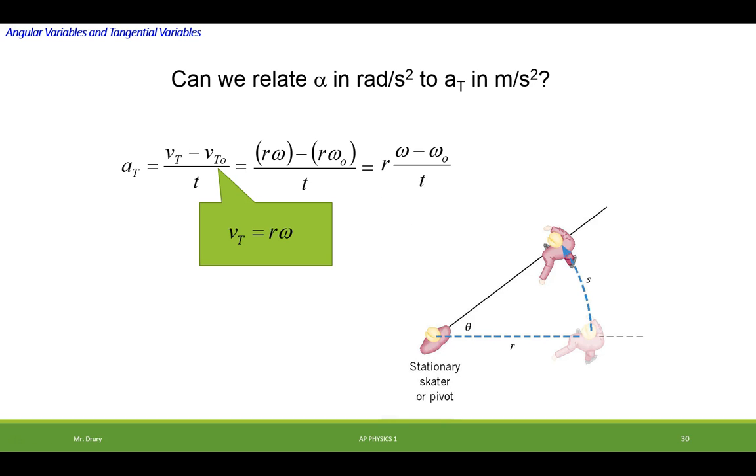Then we could factor out the r's. And we know omega final minus omega initial over t is angular acceleration. So therefore, we have an expression for acceleration tangential is equal to r times alpha. And once again, alpha has to be in radians per second squared.